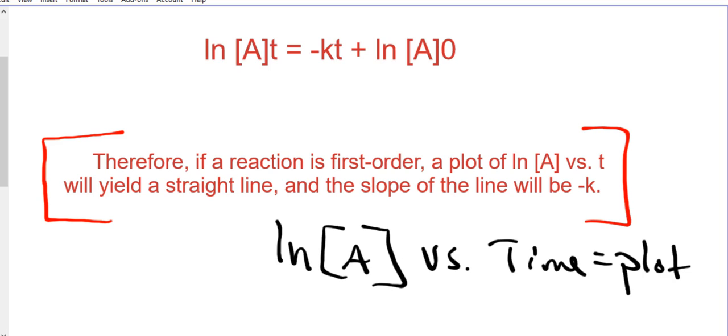I would put more of an arrow here, not really an equal. This is not a math equation. But if you have your ln of A versus time and then you plot it, you can use that plot to find your data.